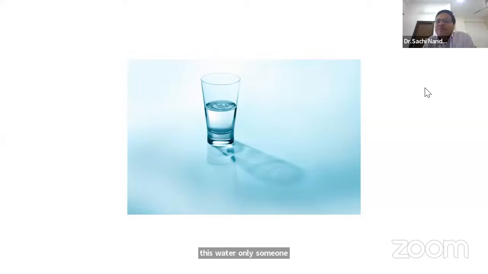Okay, half glass empty. Okay, very good. Set of glass. Very good. Okay, anyway, these are all the responses I received from the participants. Someone is saying a glass of water, someone is saying half glass of water, someone is saying half empty, someone is saying half full. Okay, so these are called the perception from your end, right?